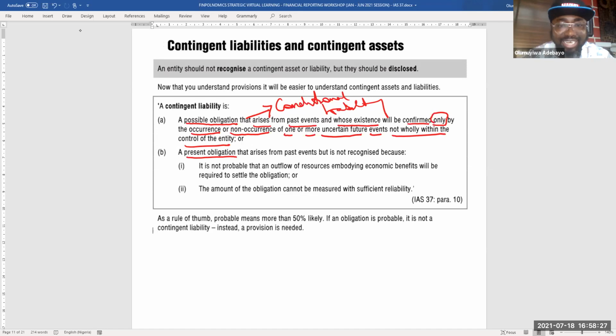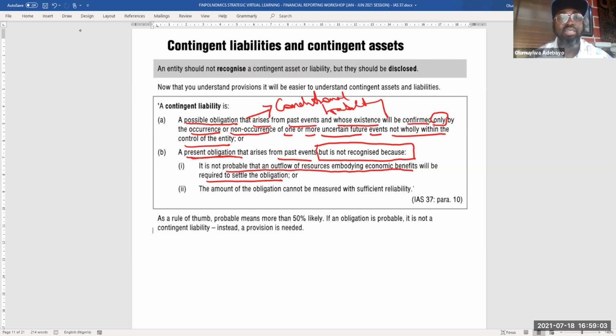Furthermore, it can take another shape where it looks like a liability to a higher degree because it's a present obligation that arose from past events. But take note of this, it's not recognized as a liability, but rather as a contingent liability because of one or two of these situations. One, it is not probable that there will be transfer of economic resources in order to settle it.